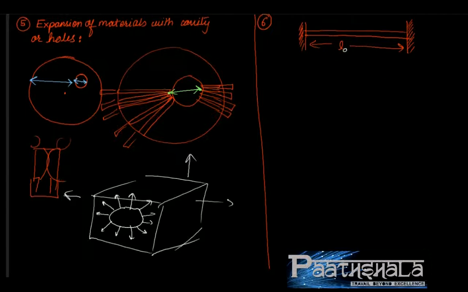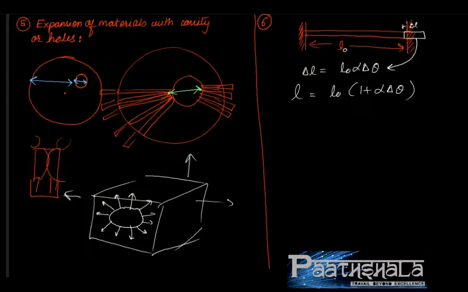What is delta L? Delta L is L naught alpha delta theta, and the new length is equal to L naught (1 + alpha delta theta). Perfect. So what additional length would have been required? This is the delta L additional length that would have been required, right?